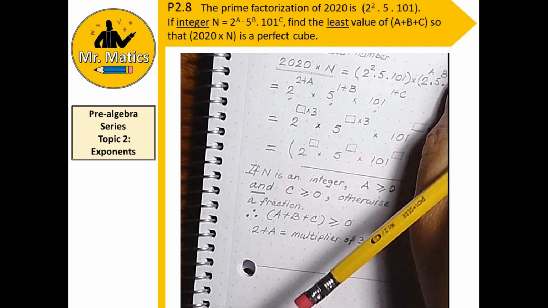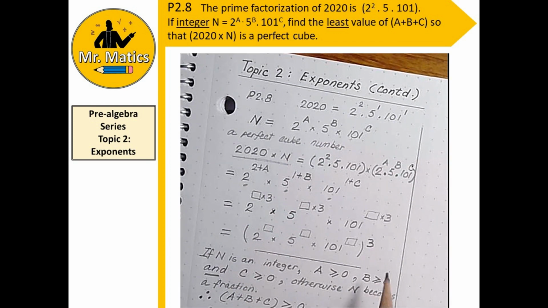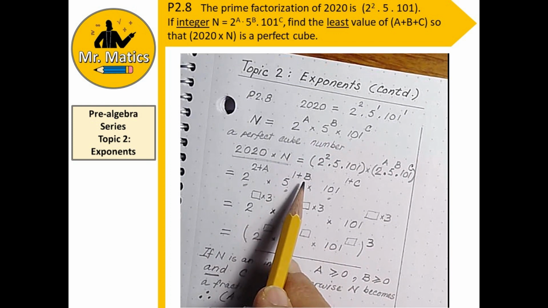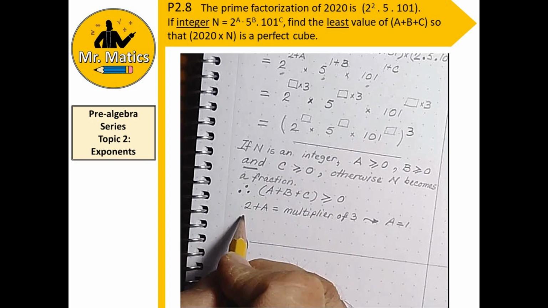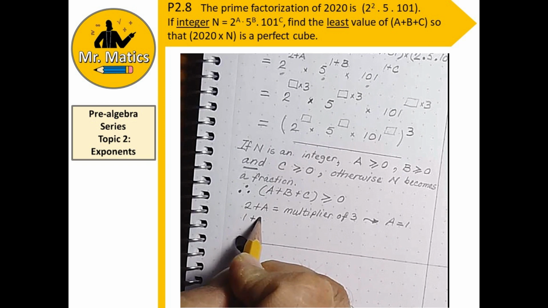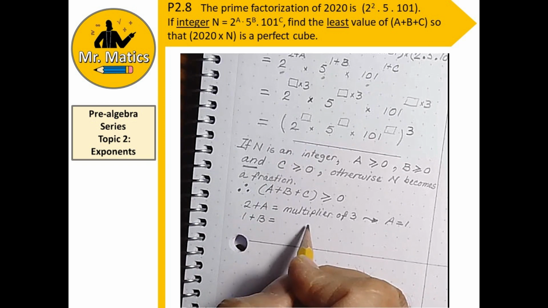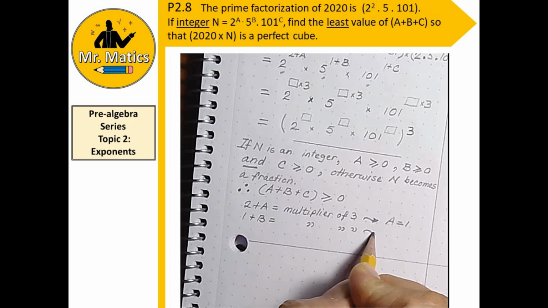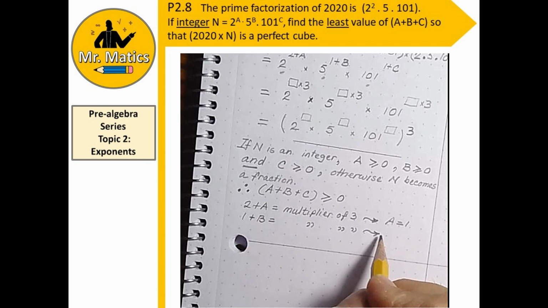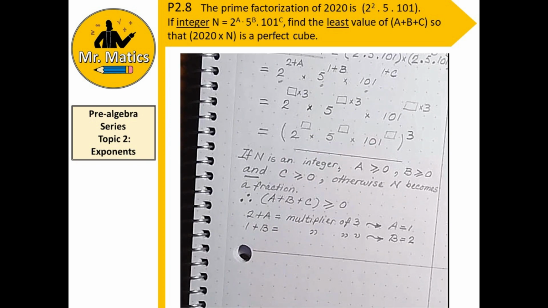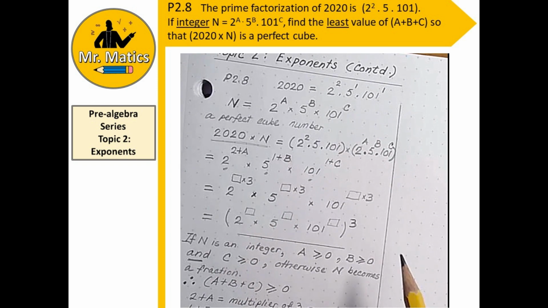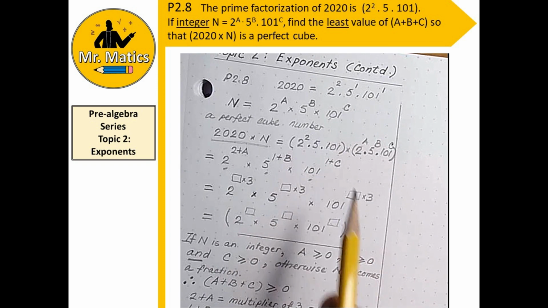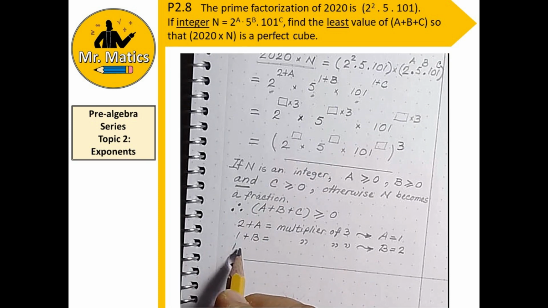And then from here again, I have 1 plus b. That is again a multiple of 3. And then this means b has to be 2. And I also have 1 plus c here, in the same way as for b.